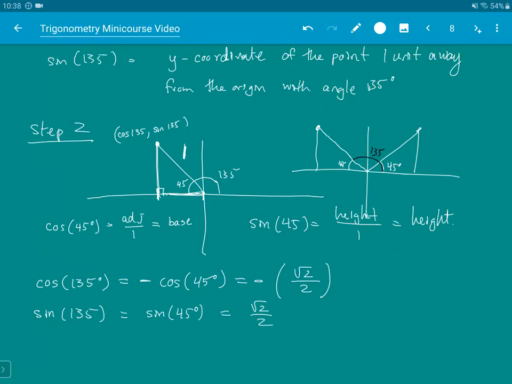So it's not surprising that sine of 135 degrees is equal to sine of 45 degrees, which is square root of 2 over 2.